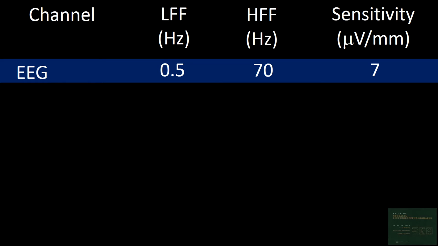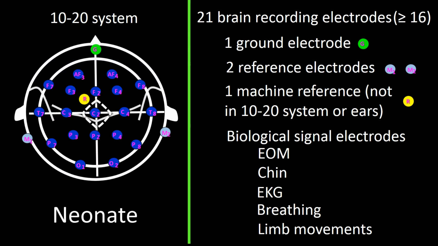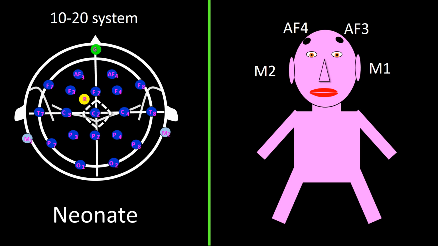Higher frequency filter should be set at 70 Hz and sensitivity at 7 microvolts per millimeter. If possible, other biological signals listed in this frame should be recorded. I have added a figure to show you the sites of electrode placement for biological signals recording.